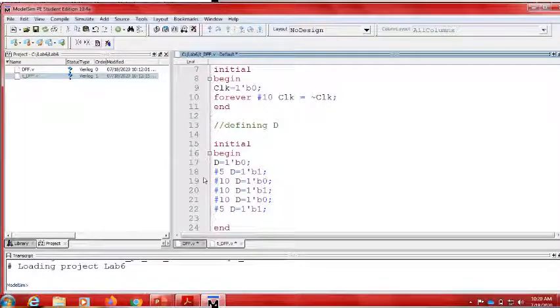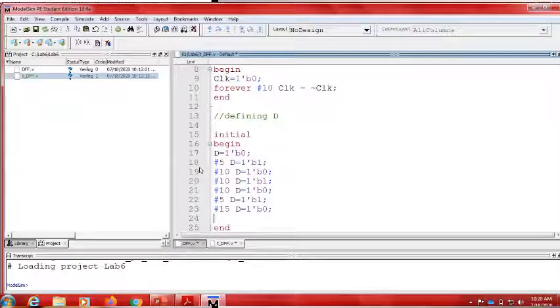And then after 15 time delay, basically we are generating a random waveform to see what would be the effect of synchronization on that particular waveform. D equals 1'b0, and then after 5 time delay, we are setting D equals 1'b1, and so on and so forth.